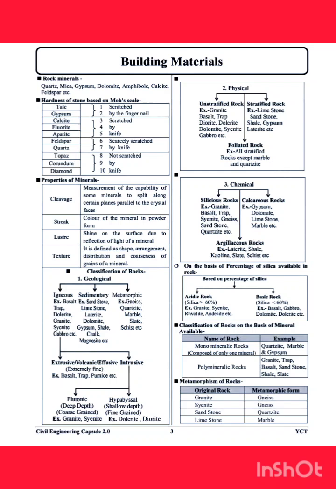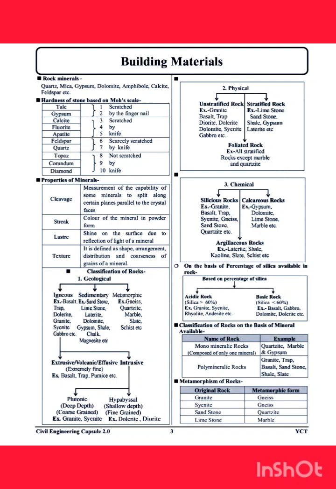Foliated means metamorphic rocks with layered structure. Finally, chemical classification: siliceous, calcareous, and argillaceous rocks. So these are the rocks that you can know.